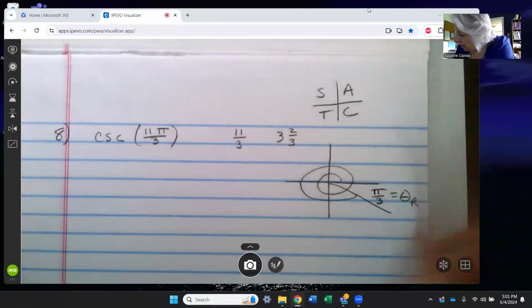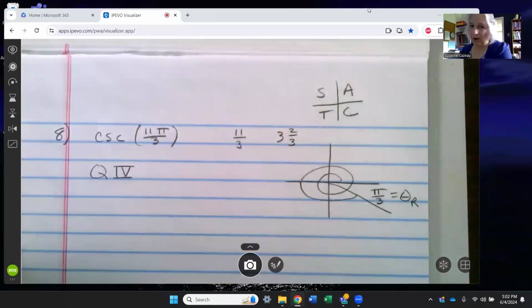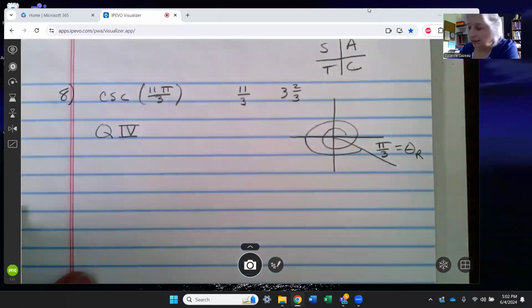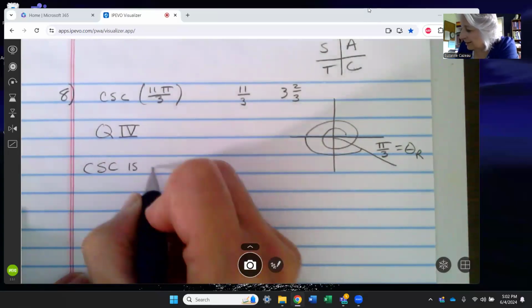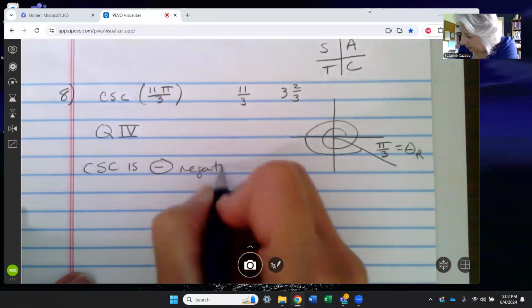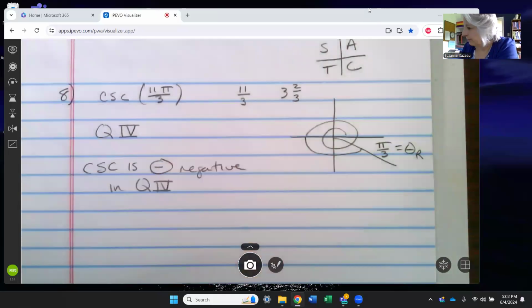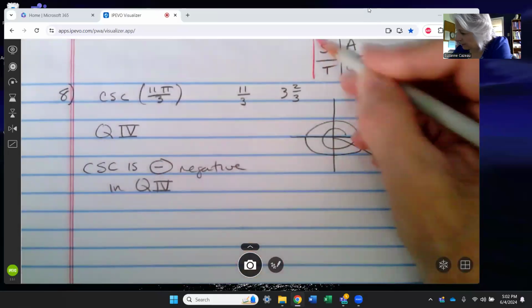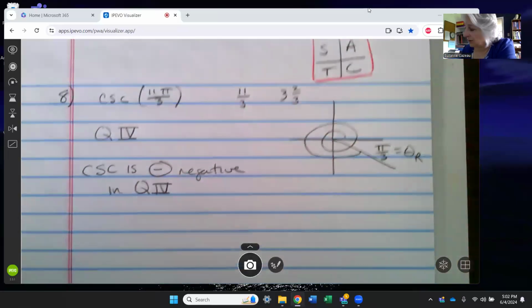So we're over here in quadrant 4. I think they asked that question too. What quadrant are you in? Okay, so cosecant is negative in quadrant 4 because of this. You could even verify those.